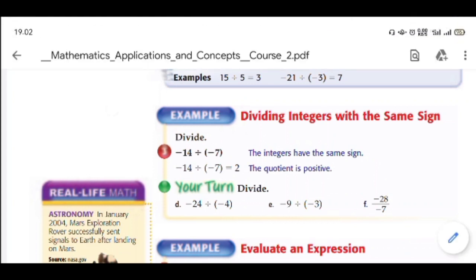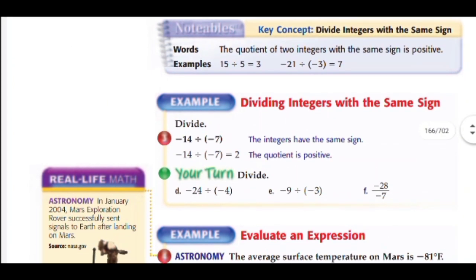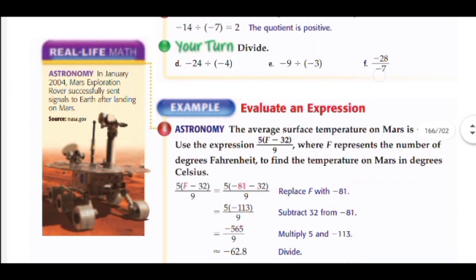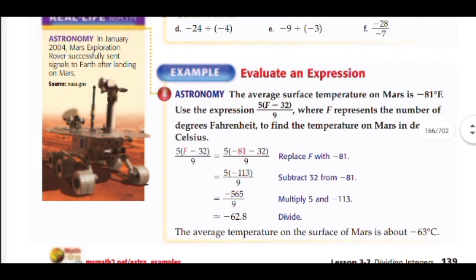Example: dividing integers with the same sign. Example: equations and expressions. The average surface temperature on Mars is minus 81 degrees Fahrenheit.